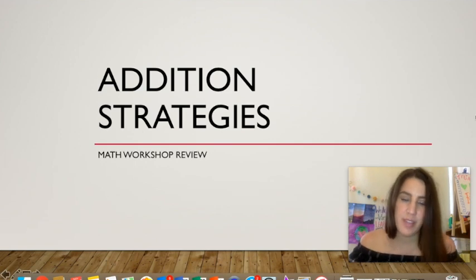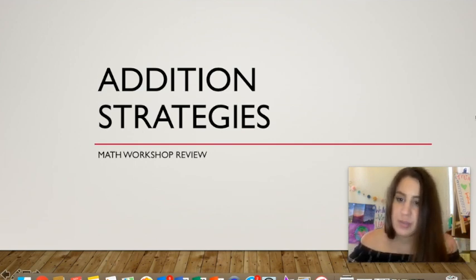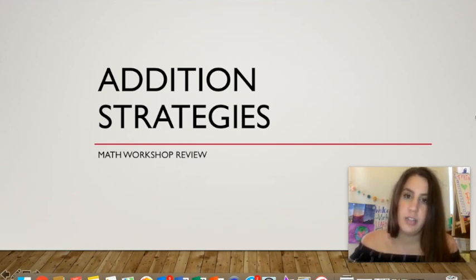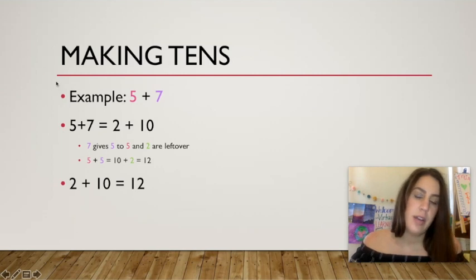Let's review some of the addition strategies we've learned this year. These might look familiar to you because we used the same strategies when we worked with our 2-digit addition and subtraction. So the first strategy that I have here is making tens. I have a very simple example here, 5 plus 7.